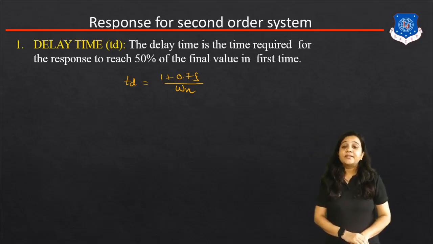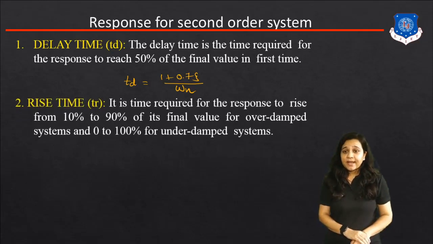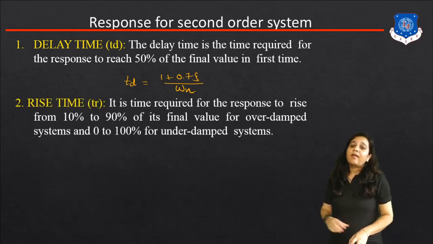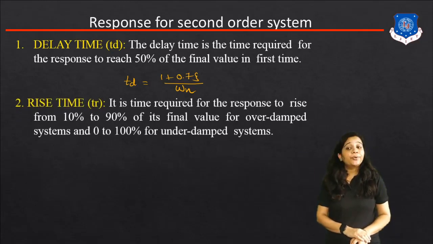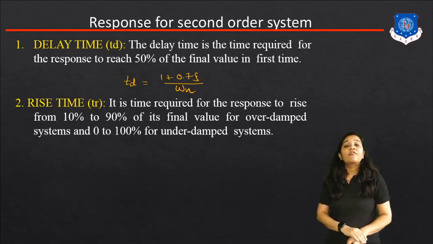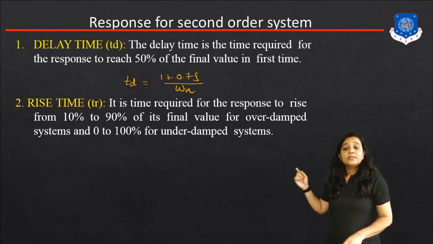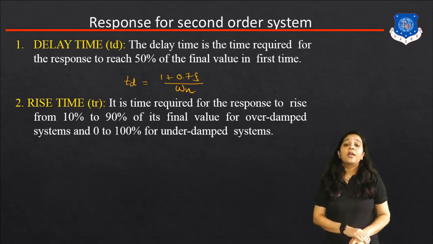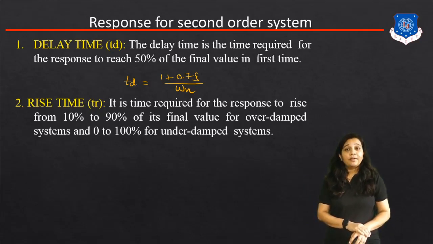Now the second one is the rise time. What is the rise time? It is the time required for the response to rise from 10% to 90% of its final value for the overdamped system, and 0% to 100% for the underdamped system. Now what are the overdamped system and underdamped system?